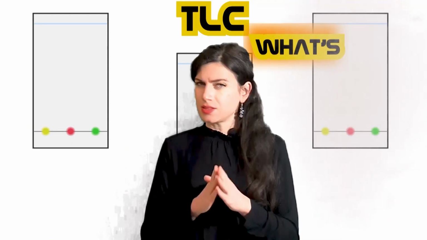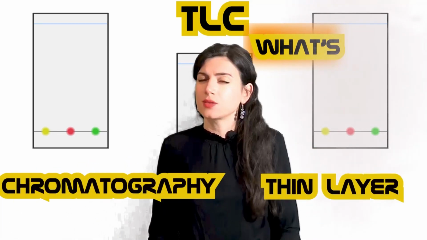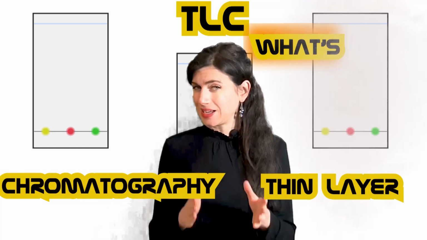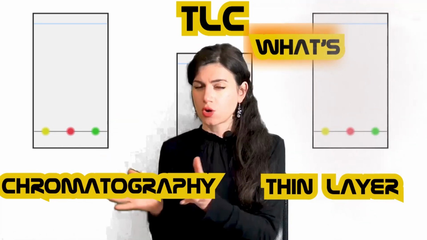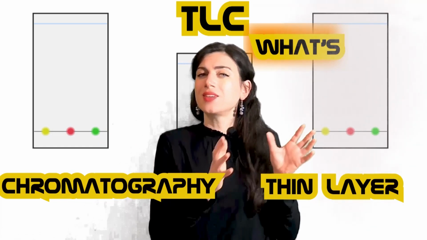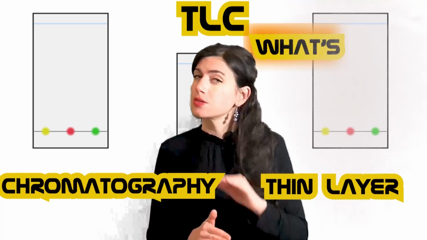So now we understand the terms chromatography and thin layer. So we understand what TLC is. It's a technique used to purify compounds, the word chromatography, but done on a thin layer support, on an almost two-dimensional surface.